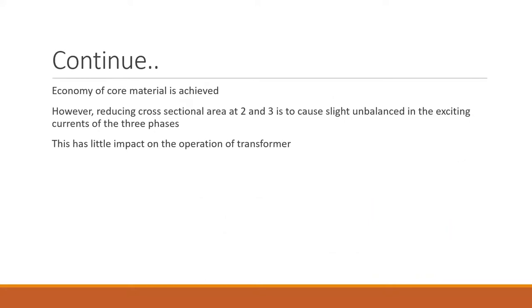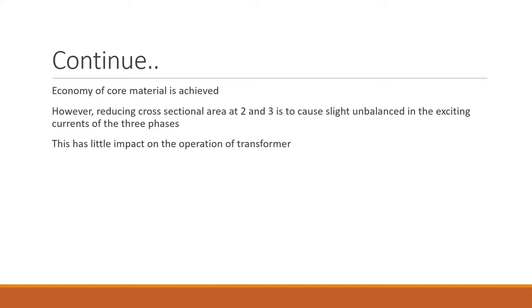So ultimately, when there is equal flux in all the sections, we can achieve economy of core material. That is possible with just reversing one winding. However, reducing the cross sectional area at sections 2 and 3 is going to result in slight unbalance in the exciting current.